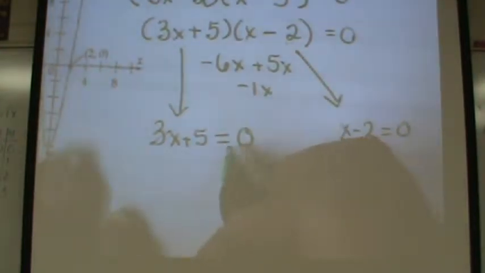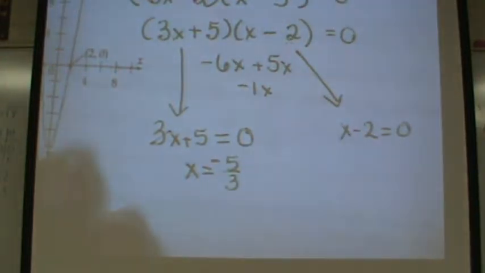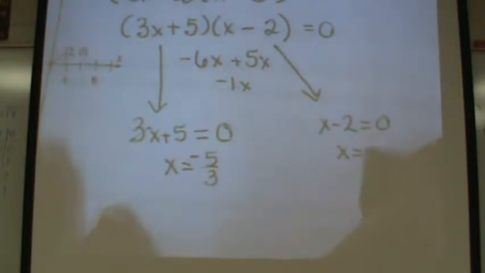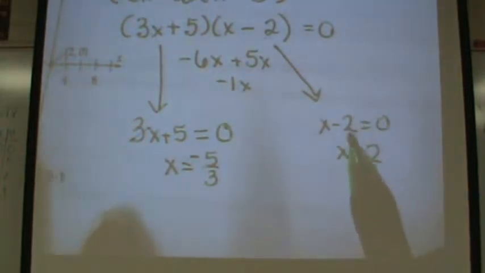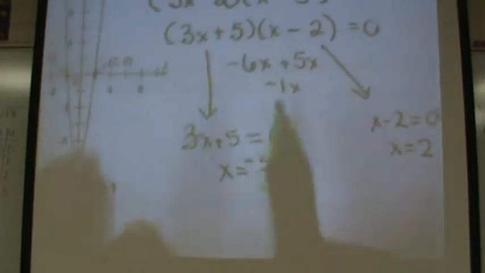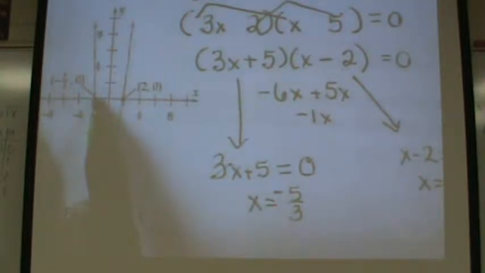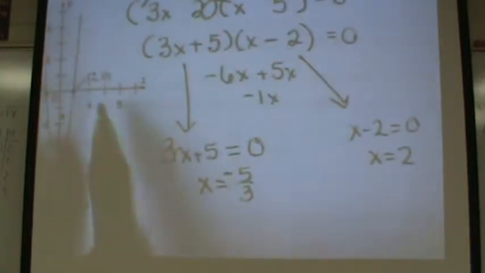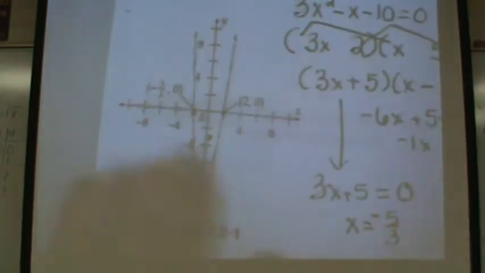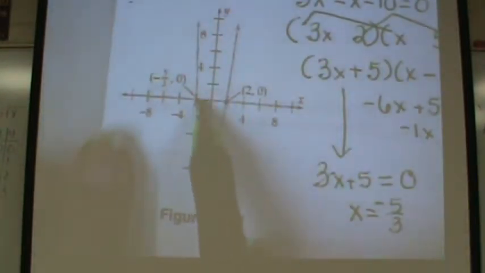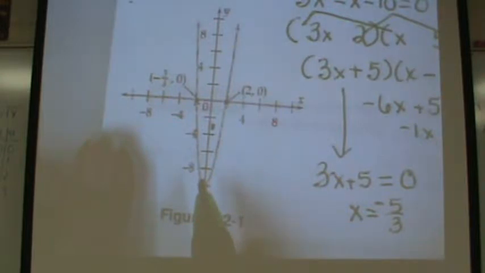Then this one you're going to subtract 5 and divide by 3, so it's negative 5/3, and this one you'd add 2. If you were to graph this, I have a picture here for you, the negative 5/3 is right there. That is where the graph would hit the x-axis, and at 2, right here. These are your 2 x-intercepts.